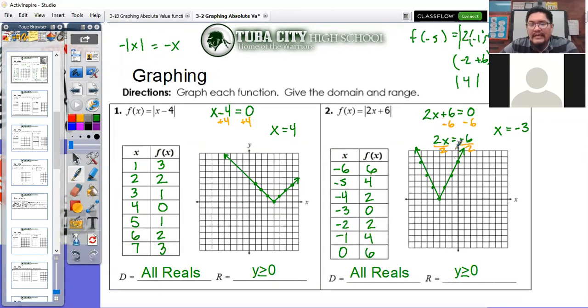So we can get any y value as long as it's greater than or equal to 0, which again, we have 0. If I want 0, I just plug in -3 and I'll get a 0. Right, but there's no number I can plug in here to get -1. It's just not going to happen.